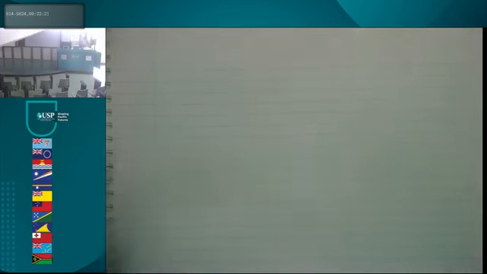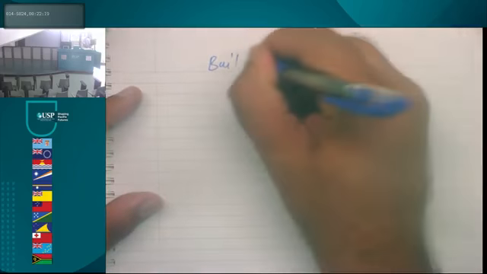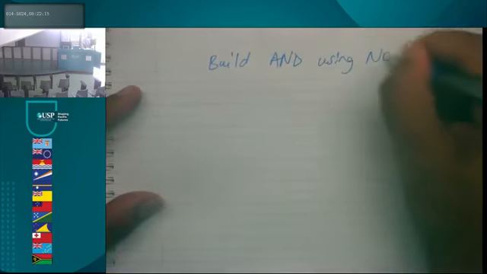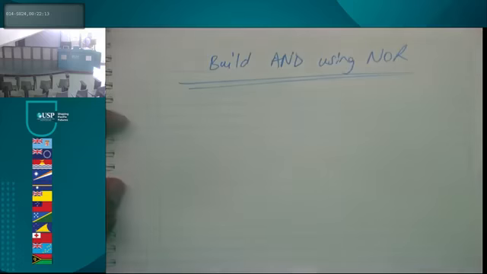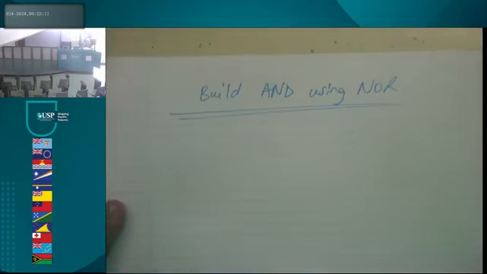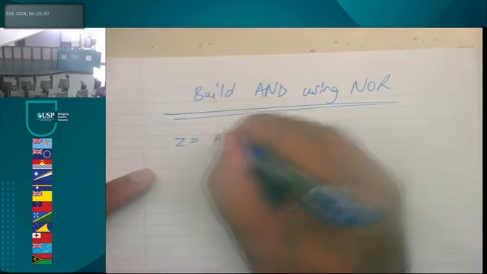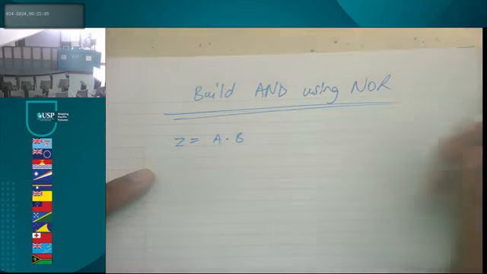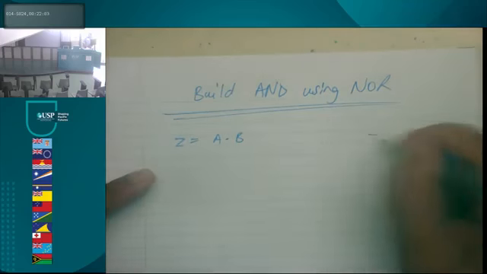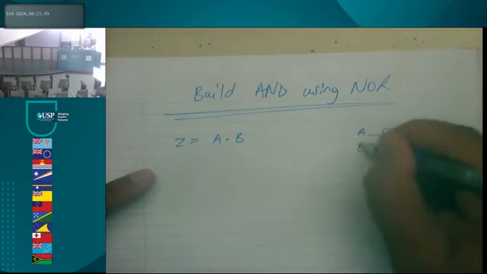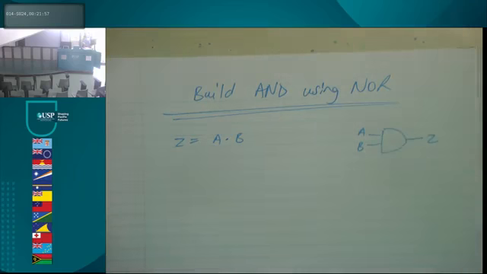Now let's build AND using NOR. All right, let's do some Boolean algebra here. Consider Z is equal to A and B. That is our target.